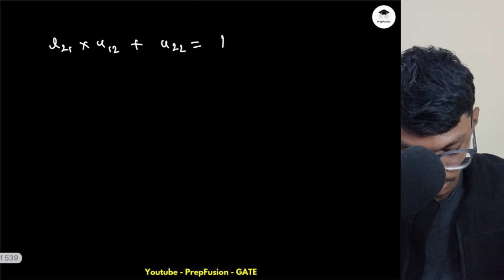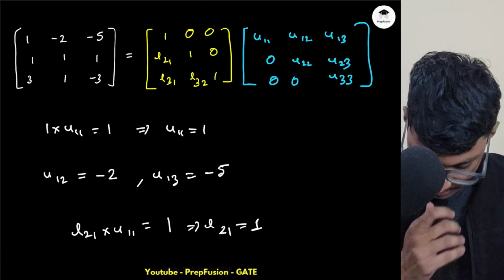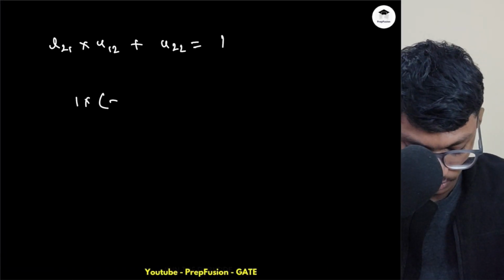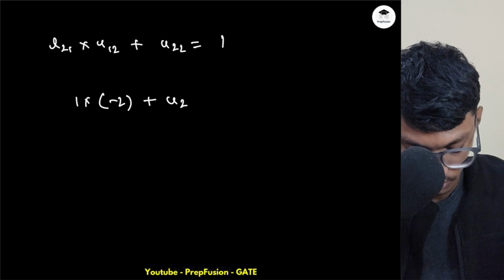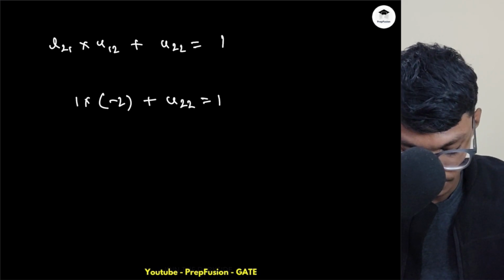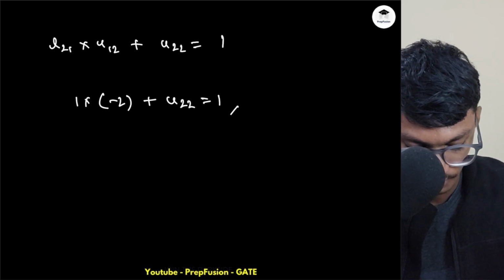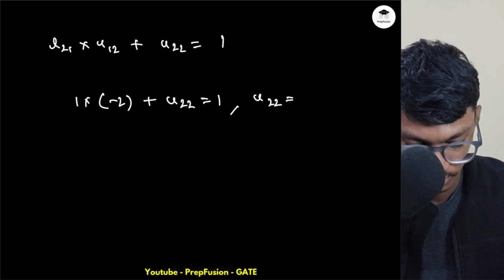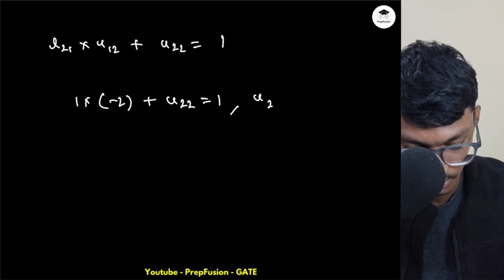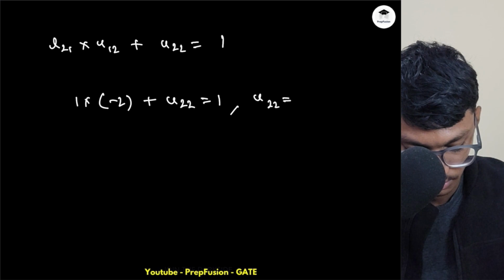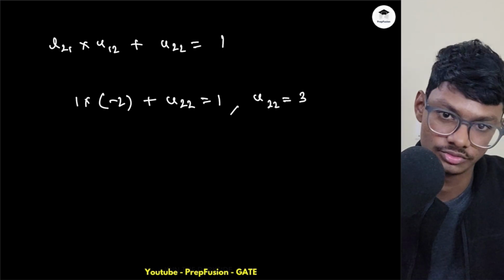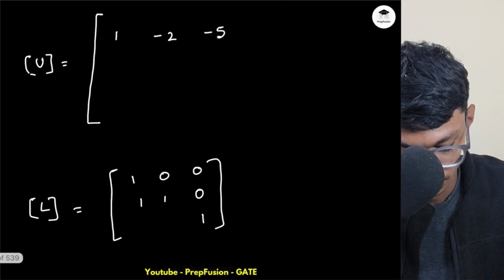L21 is 1, and U12 is minus 2, so minus 2 plus U22 equals 1. So my U22 equals 3. So U22 is equal to 3.